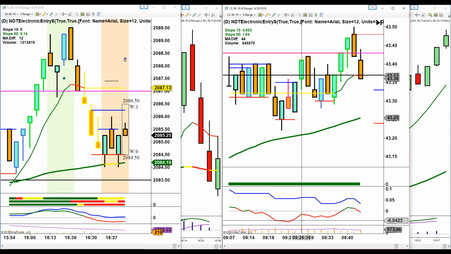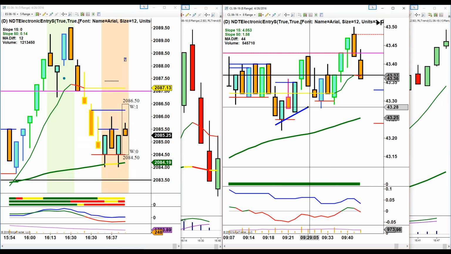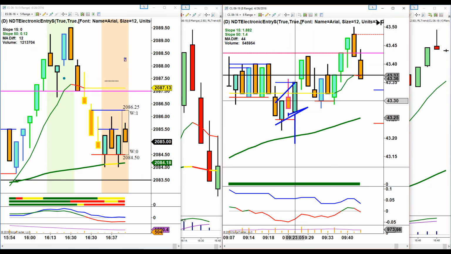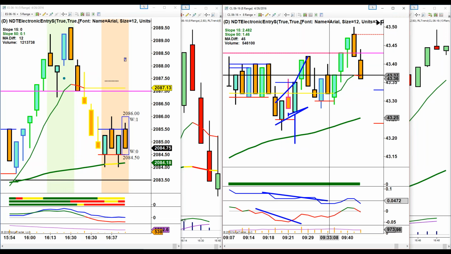On 9:23, was right here. You can see that our shorter term MACD is crossed to the downside, and our longer term is crossed to the upside.